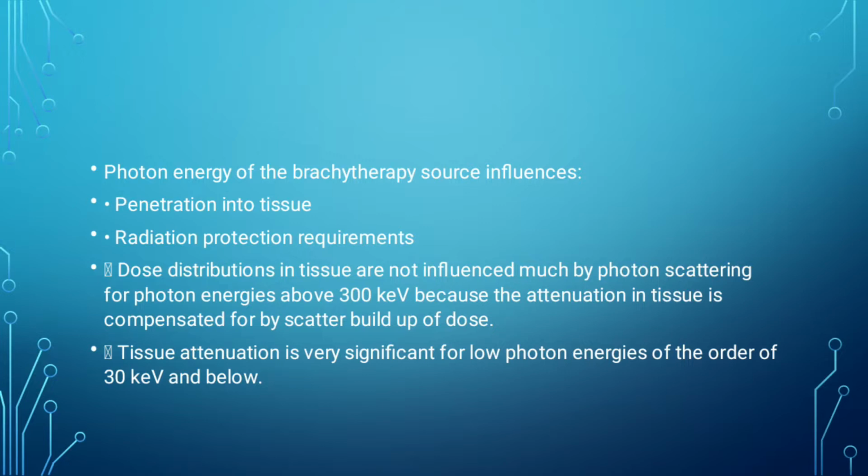Dose distribution in tissue is not influenced much by photon scattering for photon energy above 300 kiloelectron volts because the attenuation in tissue is compensated for by scattered buildup dose. Tissue attenuation is very significant for low photon energy of the order of 30 keV and below.